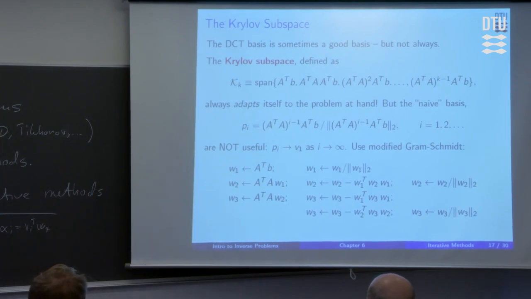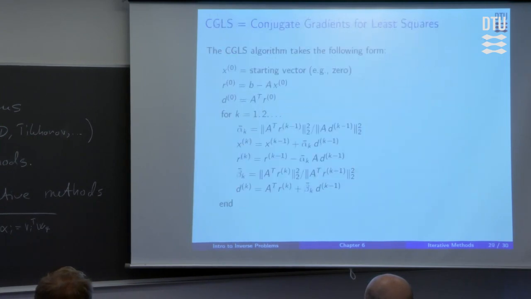It's for this particular choice that we have this nice correspondence between the basis vectors of this Krylov subspace and the right singular vectors. I'm glad I got to make that point.